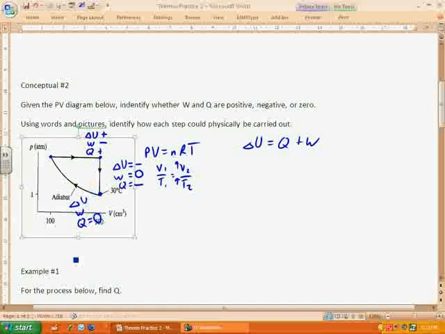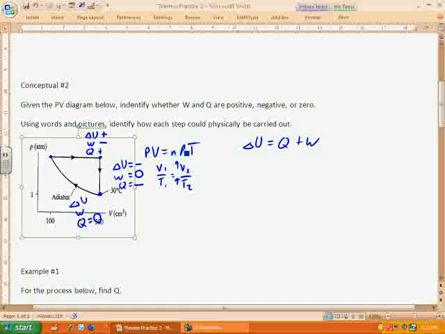Now when we consider the rest of it, we'll have to consider what would happen with our P, V, and T. We know that the pressure is going to be increasing and the volume is going to be decreasing, so that makes it a little bit difficult to figure out what's going to happen to our temperature. You can put those numbers straight into PV equals nRT.